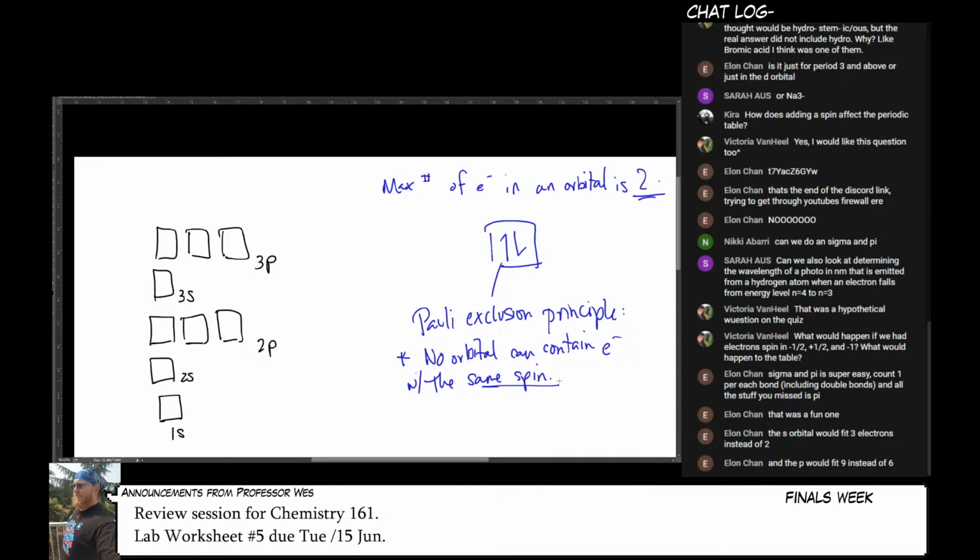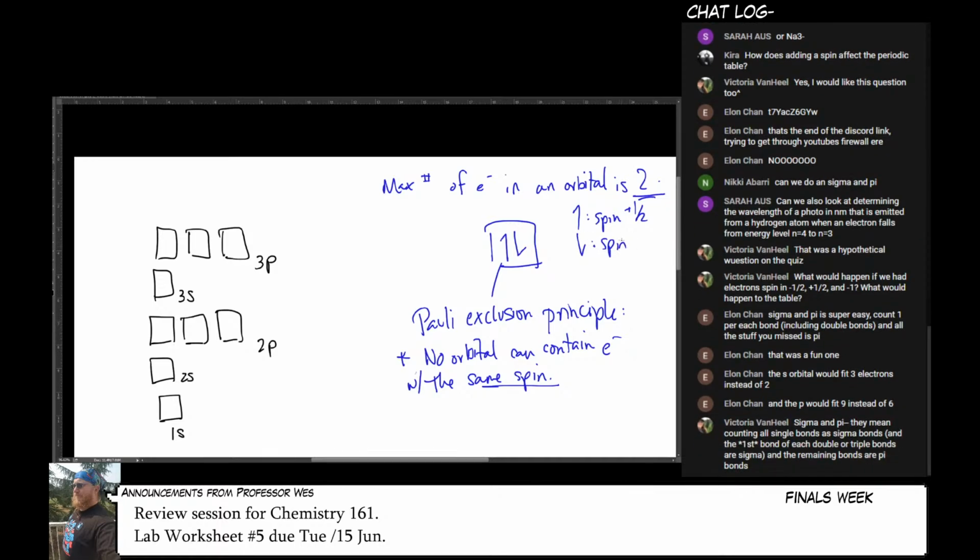So if I have 2 spins available, plus 1/2 and minus 1/2, then I'm allowed to put them both in an orbital. Up is spin plus 1/2, and down is spin negative 1/2. But now let's suppose you discover in a distant, faraway galaxy or universe that there's another spin.